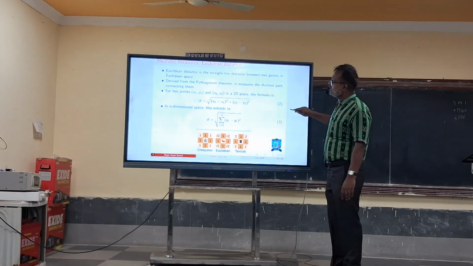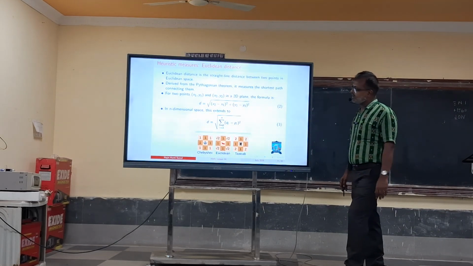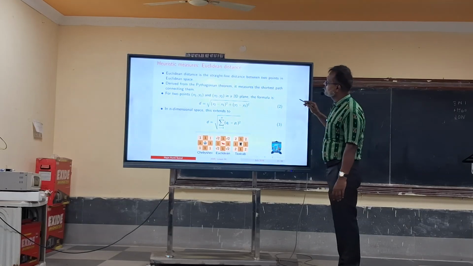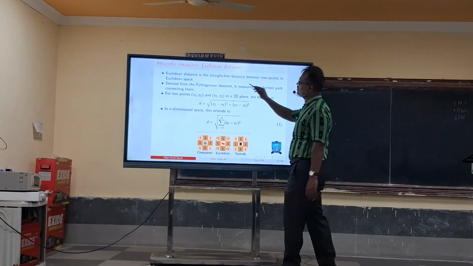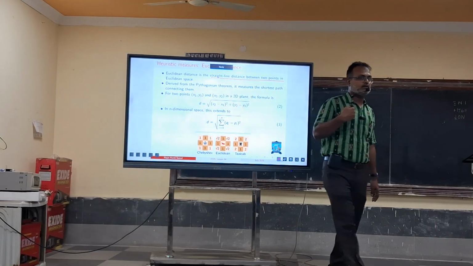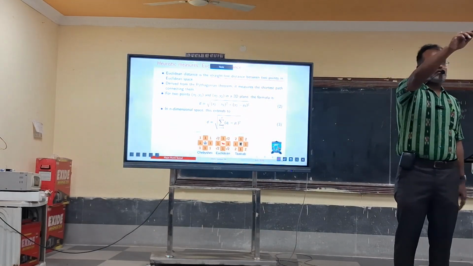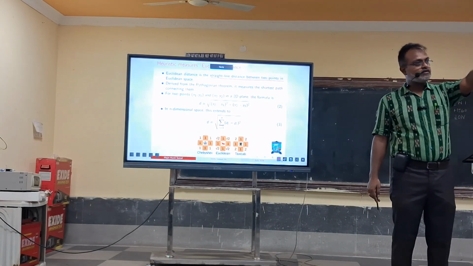Now we will see various heuristic measures. The first heuristic measure is known as Euclidean distance. It is the least distance, the straight line distance between 2 points. For example, from myself to the last one, it will be a simple straight line distance. It may not be possible to go in this direction, but that is the lowest distance.